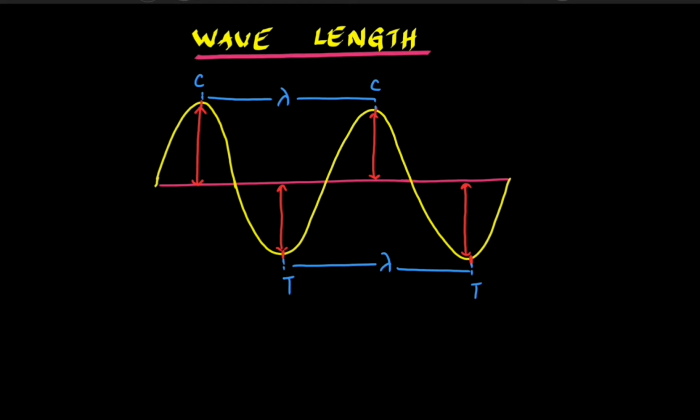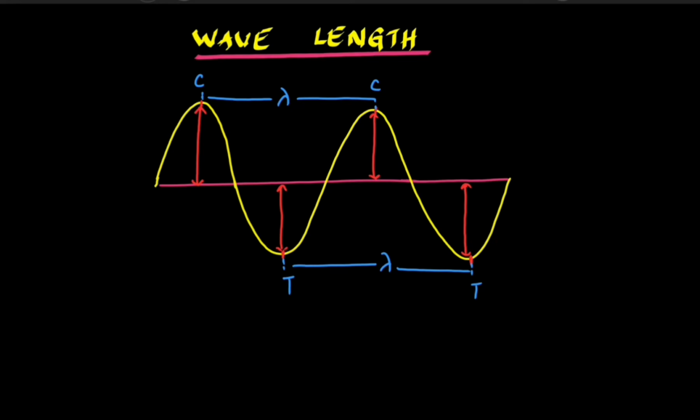Apart from this wavelength, we can also see one more aspect, which is called the amplitude of a particular wave. So let me show you these things. Well, these are the amplitudes, and this one is the wavelength, or the distance between troughs is wavelength, or I am choosing these two points that are similar and consecutive.